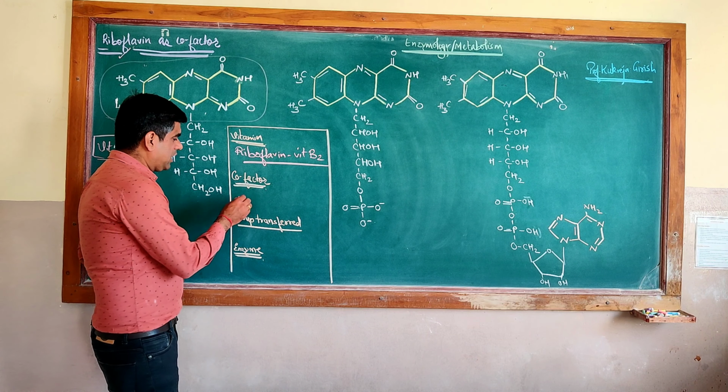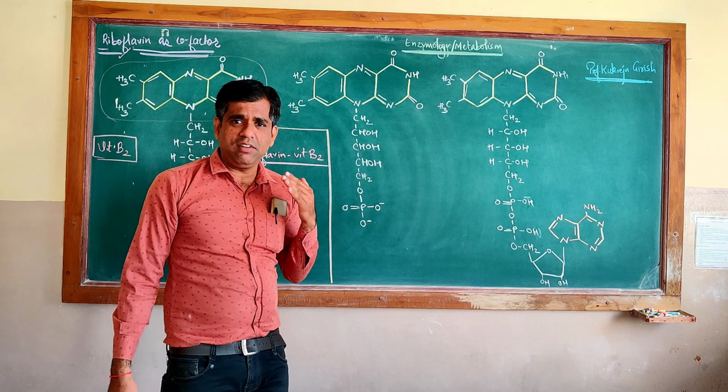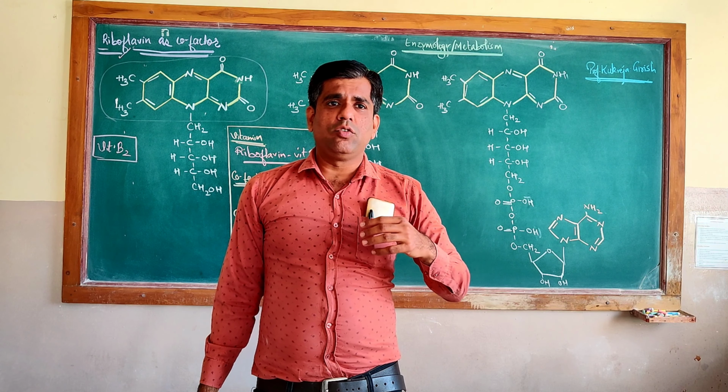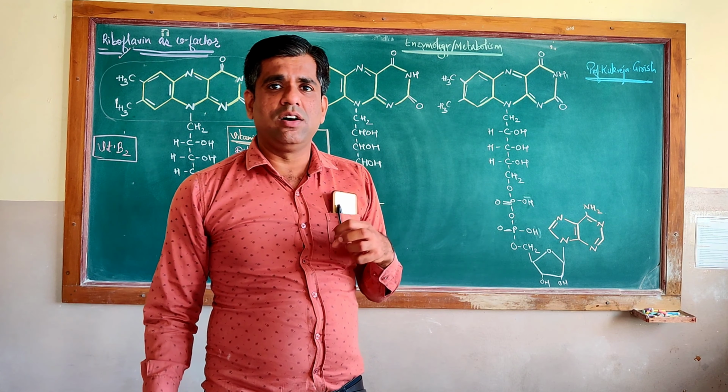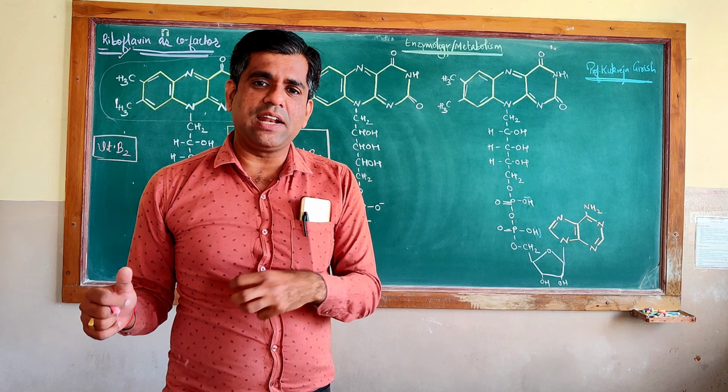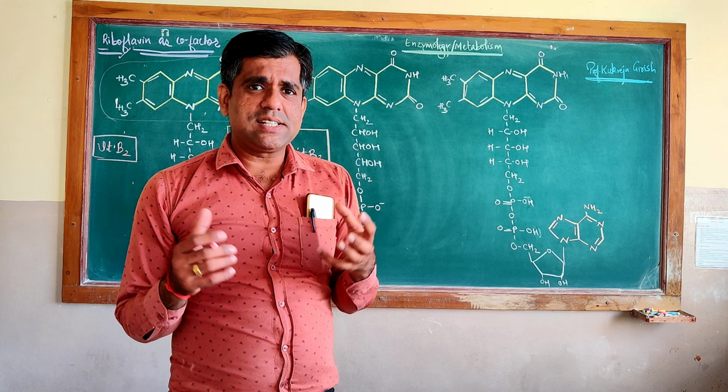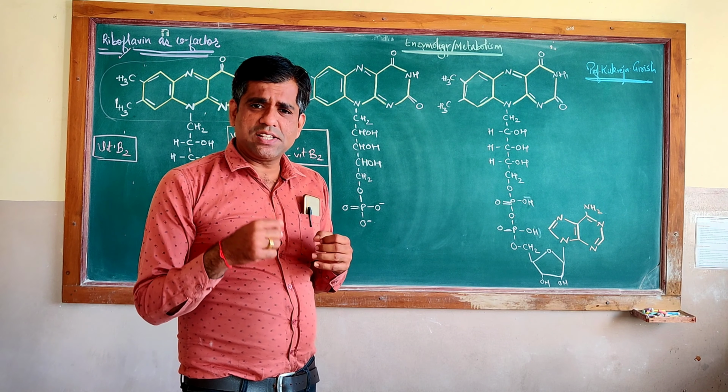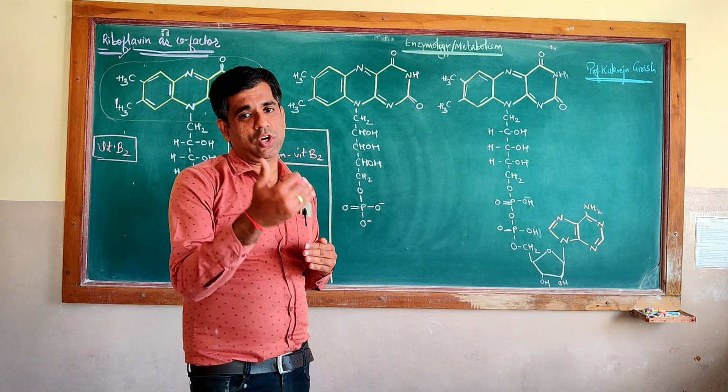Then you have a particular cofactor form. Every vitamin, when it functions as a transient intermediate carrier of a particular group and is associated with the enzyme, is first converted into a particular cofactor.